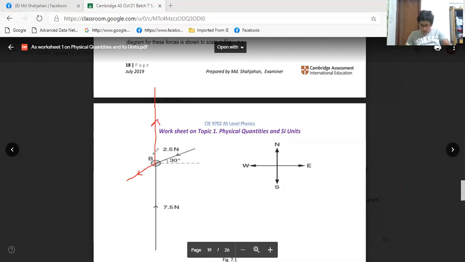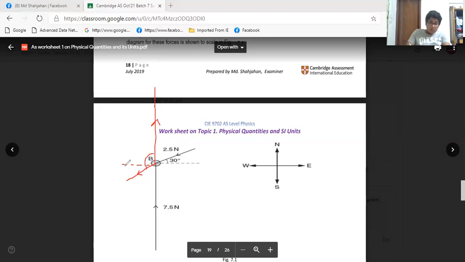Now the angle between them. What is the angle between them? Check. Between them, we have to find the angle. We have this angle between them, right? The whole angle. And the 30 you said is for only this part.